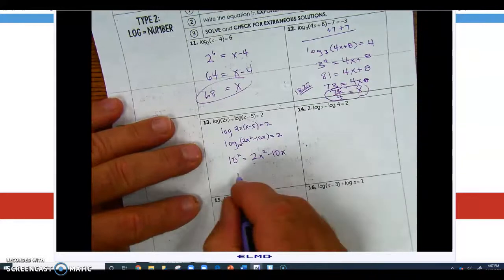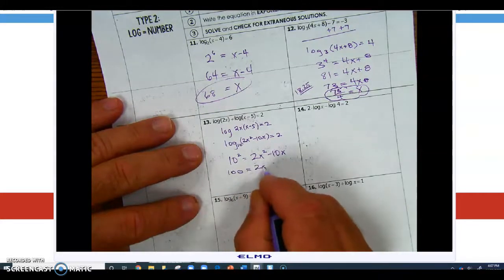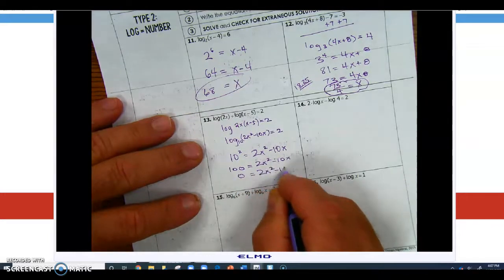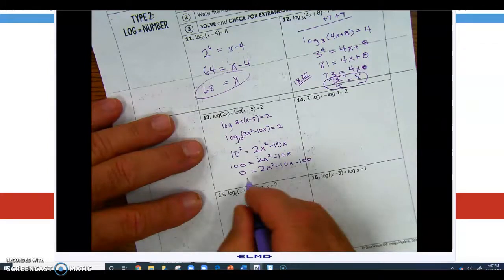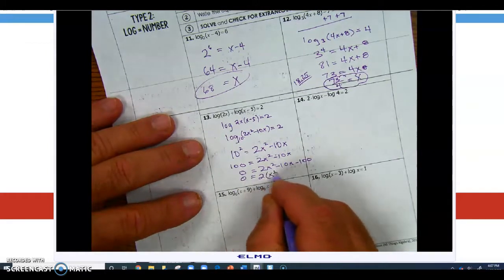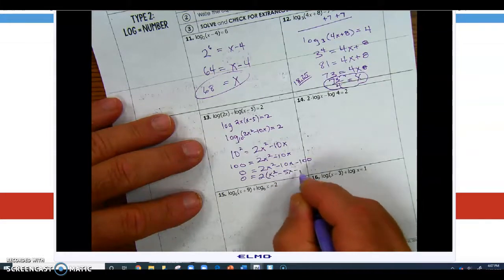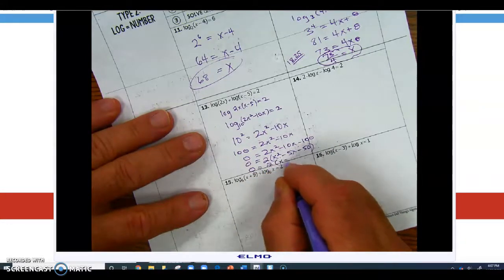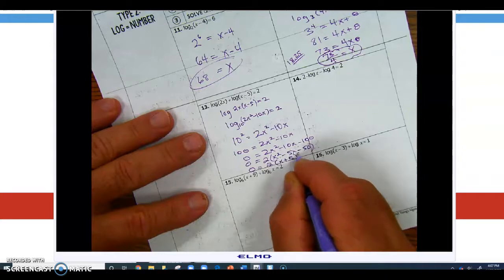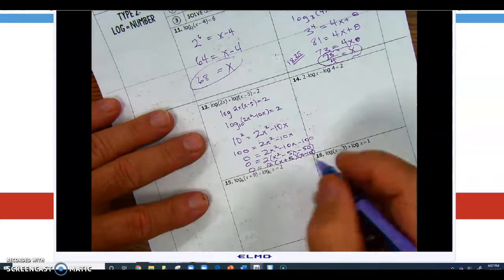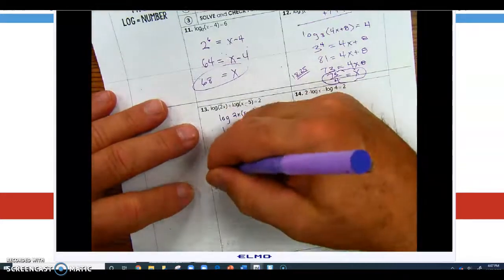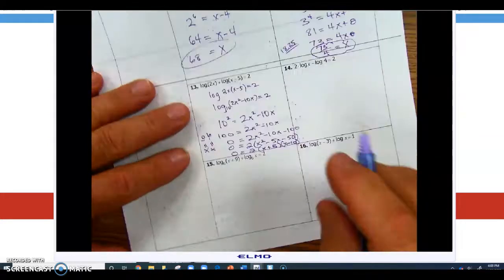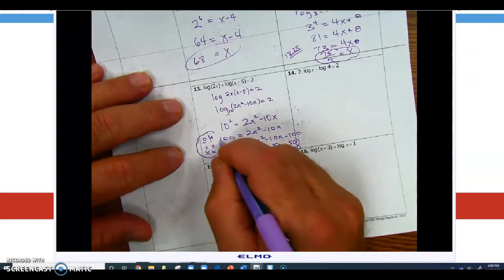Yikes. 100 equals 2x squared minus 10x. X equals 10 and negative 5. And I bet you money that one of those solutions is extraneous. We'll look at it later and see.